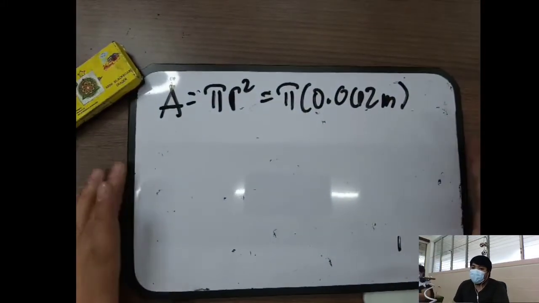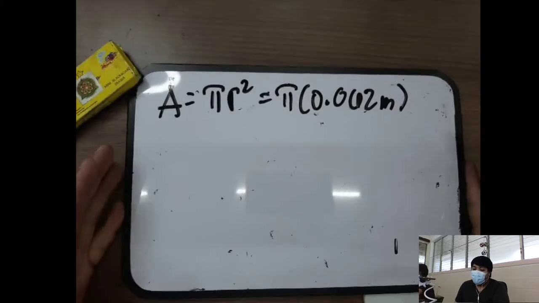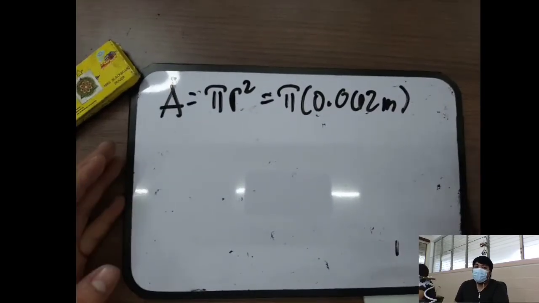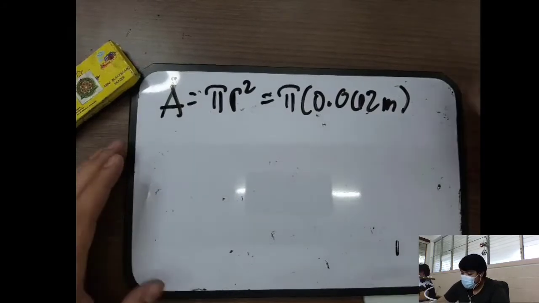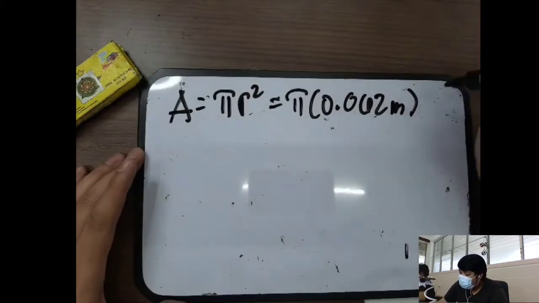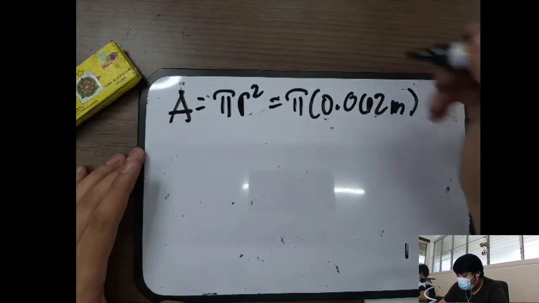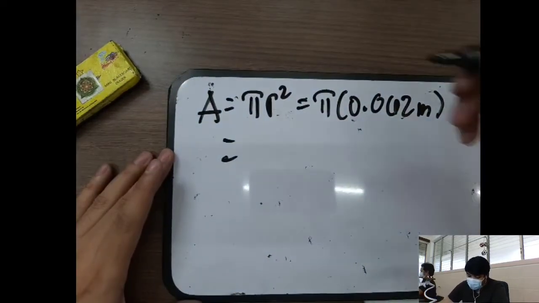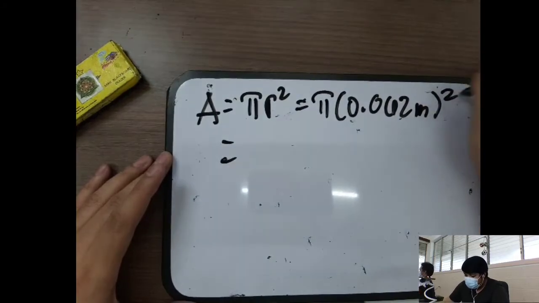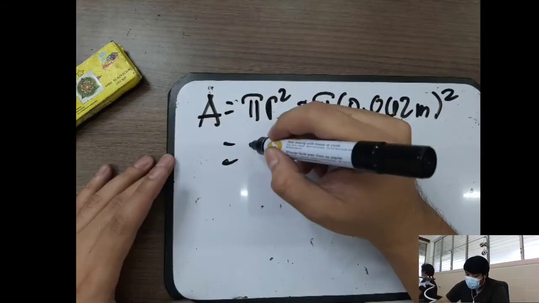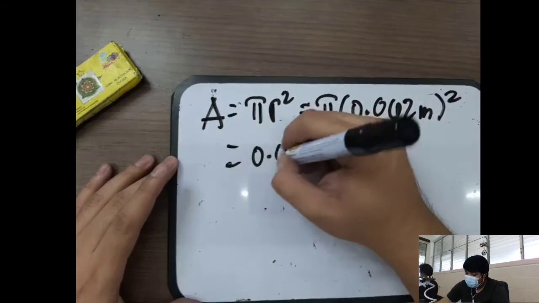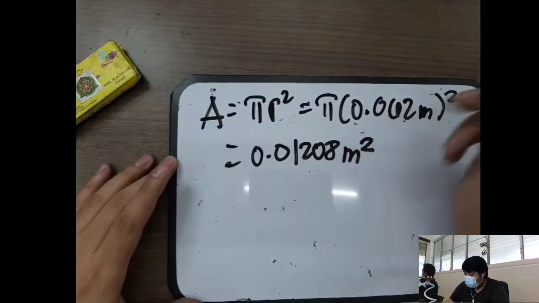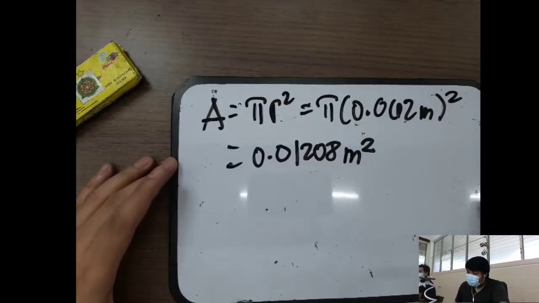Remember, guys, always before you plug in your values, always convert to SI units. So 6.2 centimeters is equal to 0.062 meters. So the answer will be, I forgot the exponent here, 0.01208 square meters for significant figures.